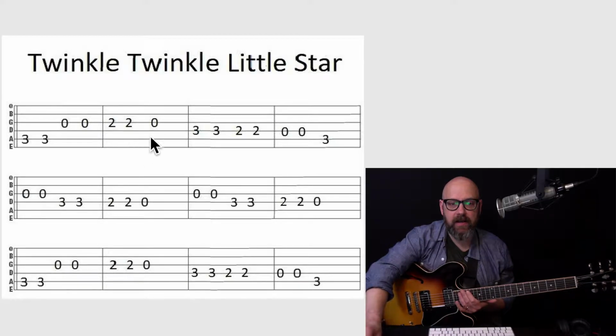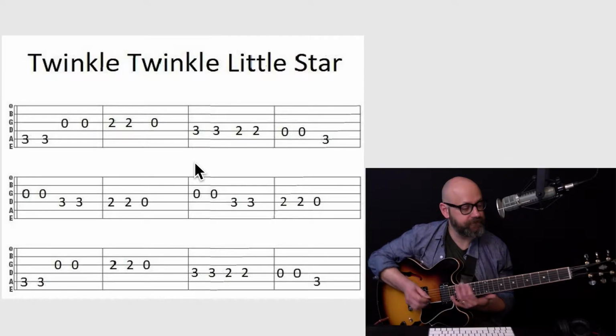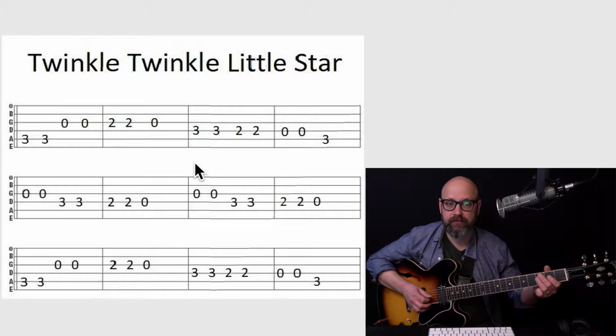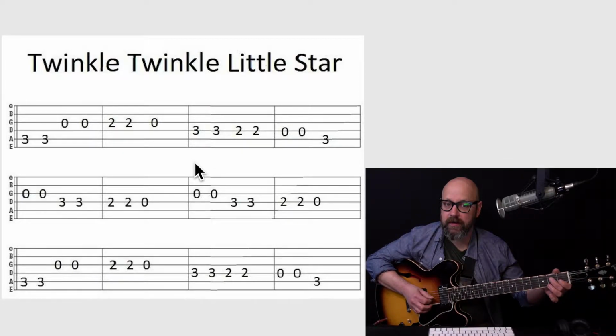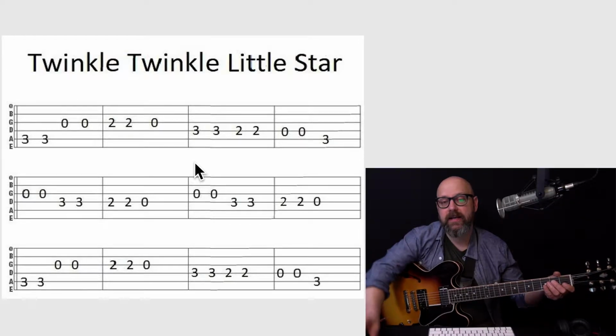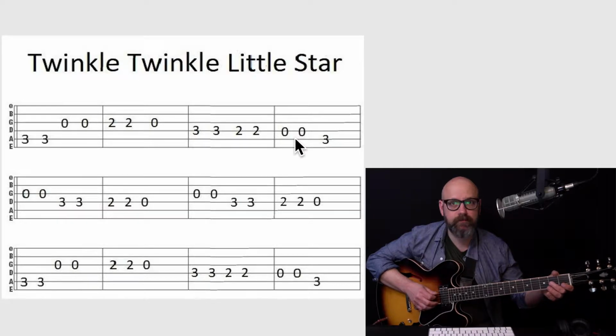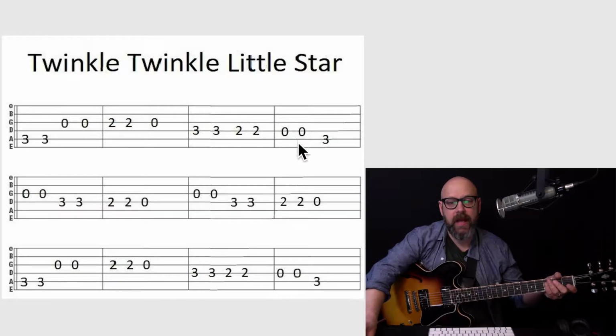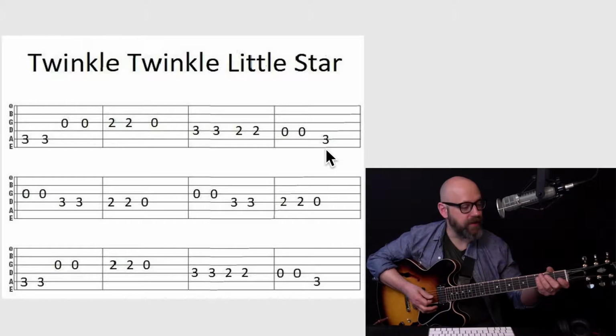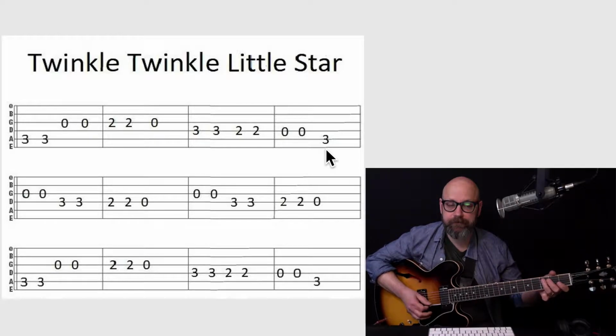And then carrying along here, we've got 2 3s and 2 2s, all happening on the same string. So this is the 4th string. All right. And then in this last little bit here, we've got 0 0 on the same string, and then finally a 3 on the 5th string.